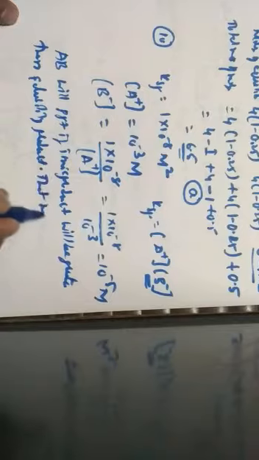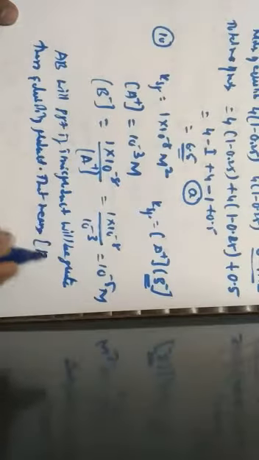That means the concentration of B minus ion must be more than 10 to the power of minus 5 molar. Then AB will get precipitated. So by this we can clearly tell that the concentration should be greater than 10 to the power of minus 5 molar, which is given by option C.